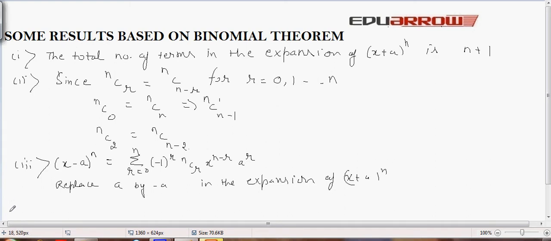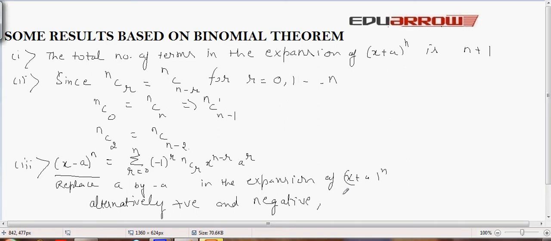Here one point is to be noted that the terms in the expansion of this are alternately positive and negative. The last term is positive or negative according as n is even or odd.